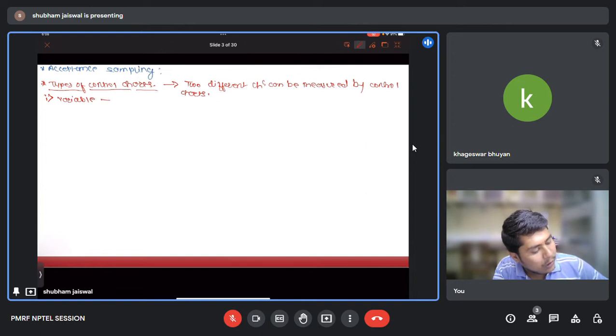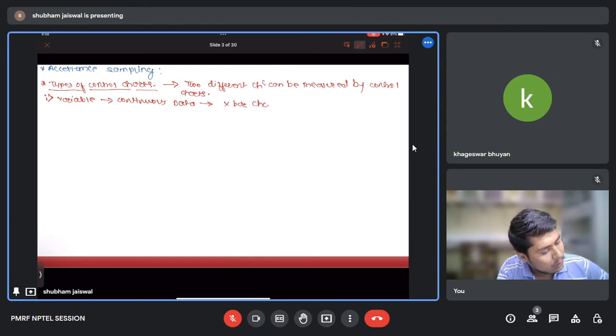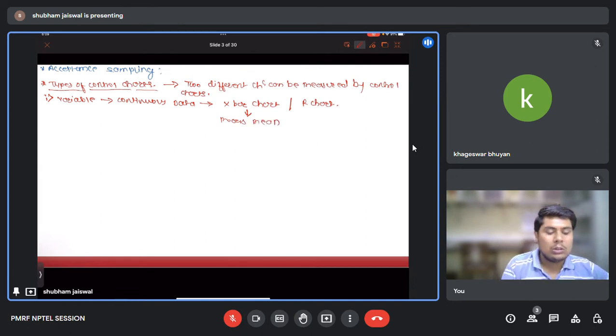When we talk about the variable, we consider continuous data. If it is continuous data, then we can use the X bar chart or R chart. In the X bar chart, what we monitor is the process mean, which is the measure of central tendency, or in other words, a shift in the central tendency.